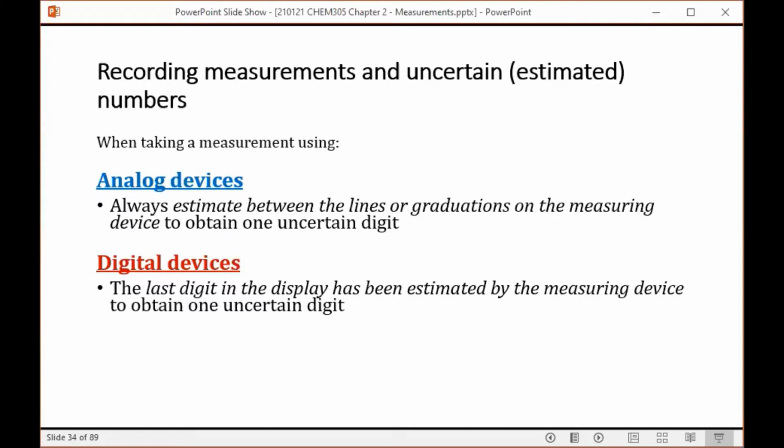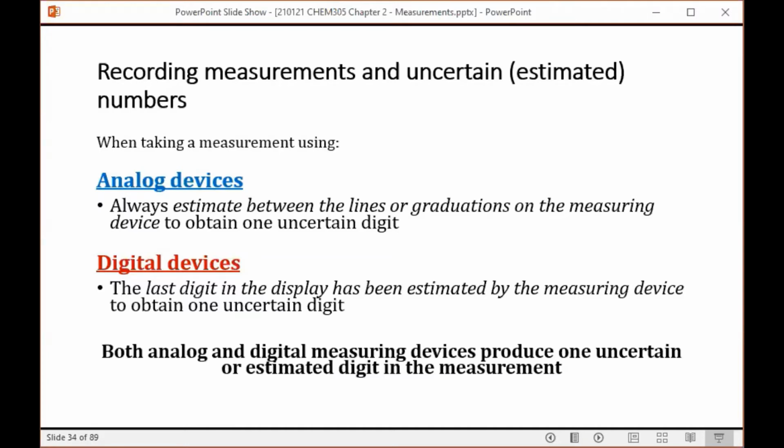And if you're using a digital device, the last digit on the display has already been estimated for you by the measuring device. Just because it's digital doesn't mean there's not an estimated digit. The digital device is just doing the estimating for you. So both analog and digital measuring devices still produce 1 uncertain or estimated digit in the measurement.